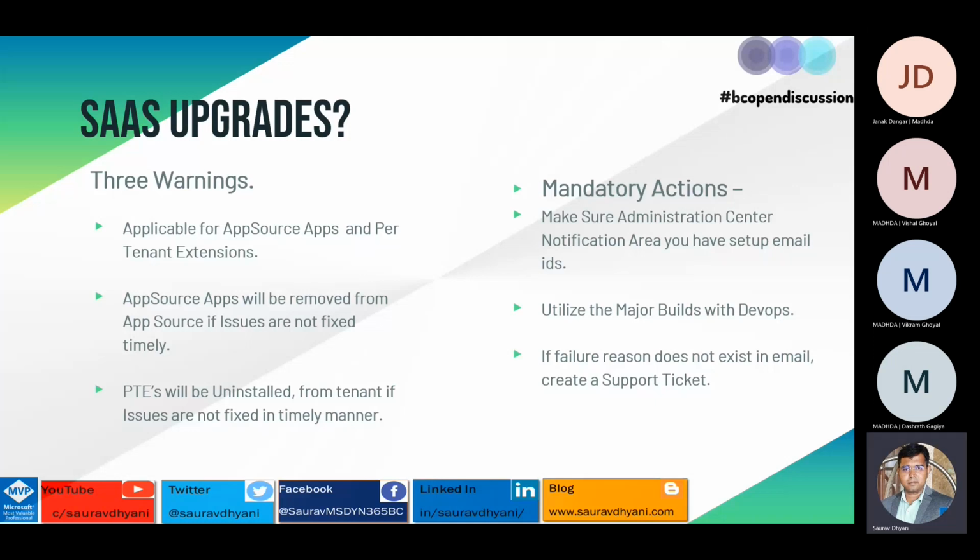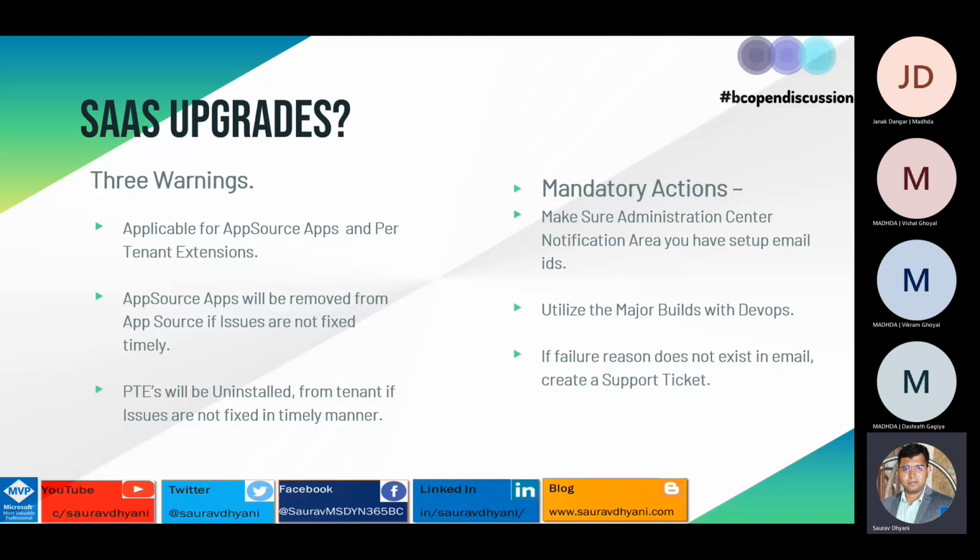So it is super important that every time there's a major update, you pay attention and have a discussion with all your SaaS customers and make sure that the tenant is ready for the next big upgrade.